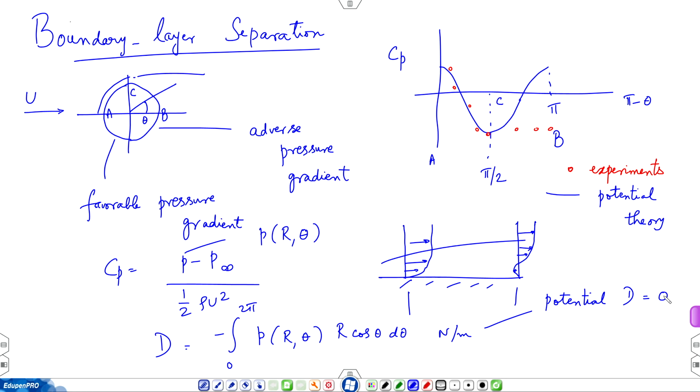But if you substitute the real variation, then the value of C d will work out to be somewhere between 1 to 3, depending on the point of separation. That means depending on whether flow separates a little before pi over 2 or a little after pi over 2. This is called the angle or the point of separation.